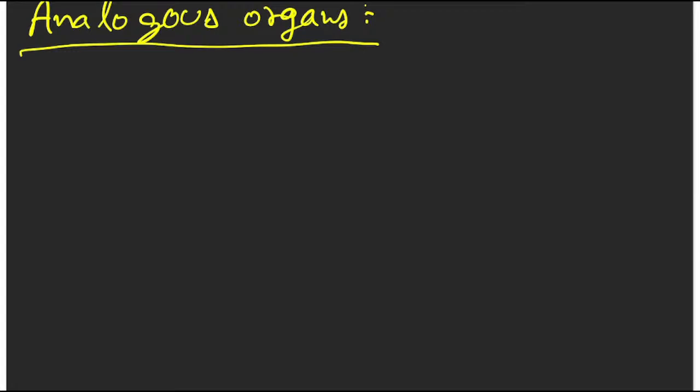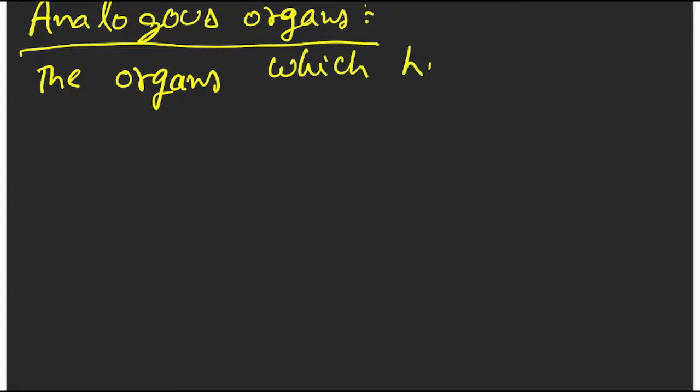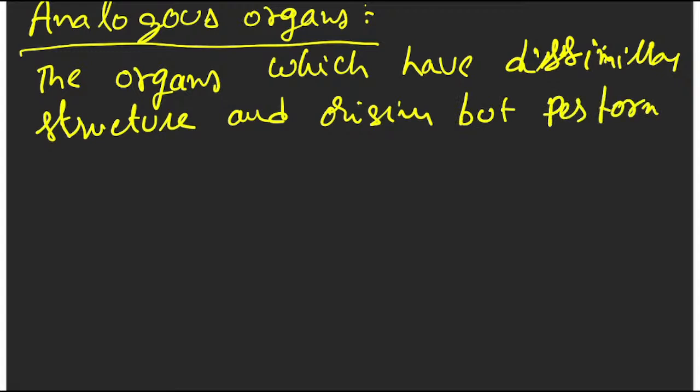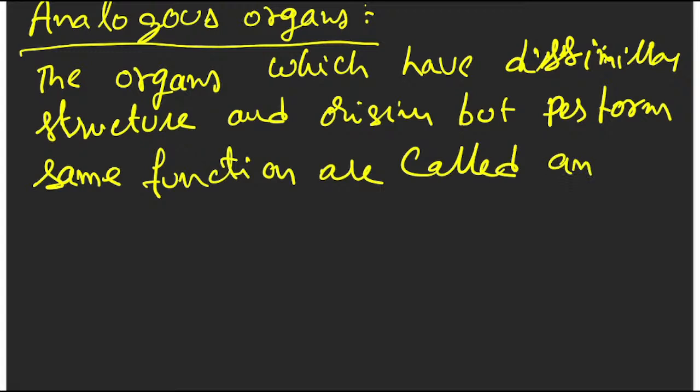The organs which have dissimilar structure and origin, but perform the same function are called analogous organs.